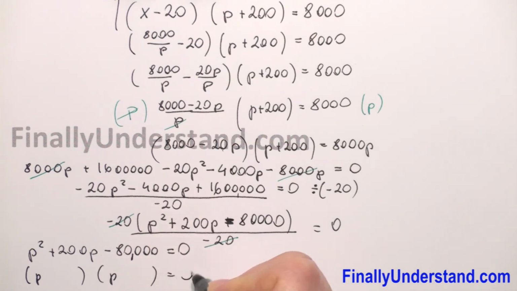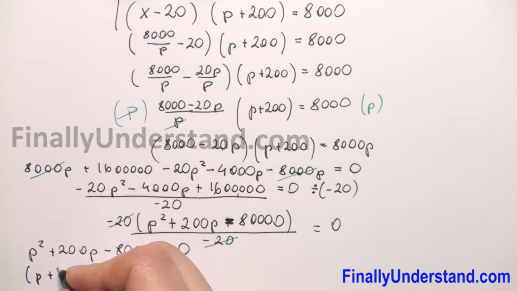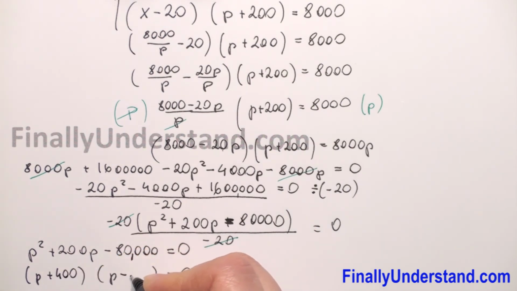It will be positive 400 and negative 200. Why? Because 400 minus 200 is 200, and 400 times negative 200 is negative 80,000. So everything is okay.